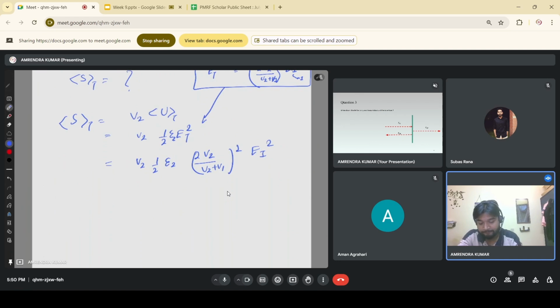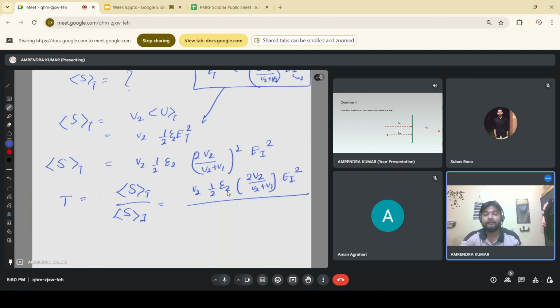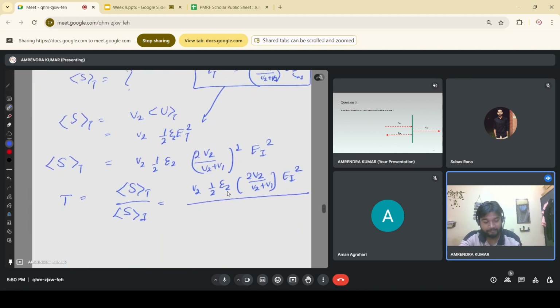Now if we take out the ratio for transmittivity, the ratio of S_T over S_I, you have this half epsilon 2, twice of E_T squared, over the incident half epsilon 1, and then you have this E_I squared.